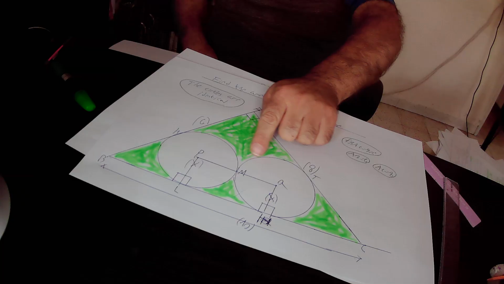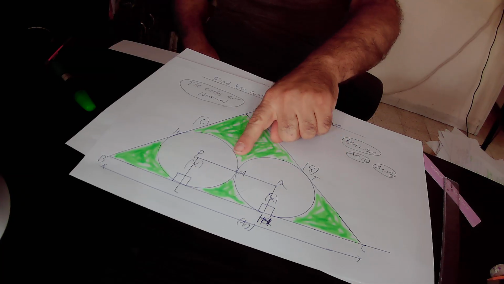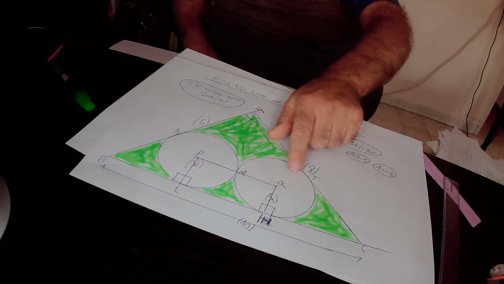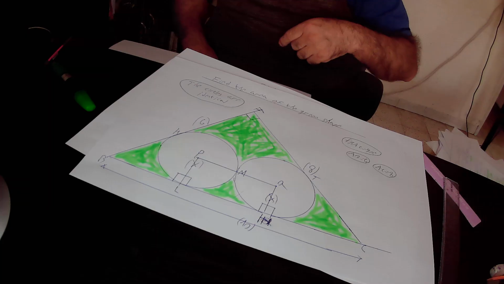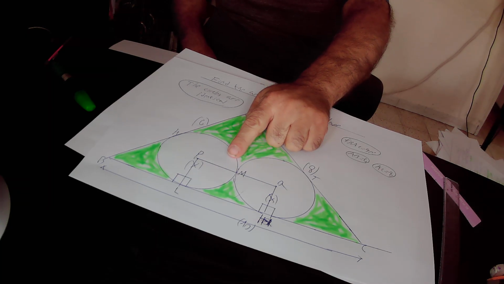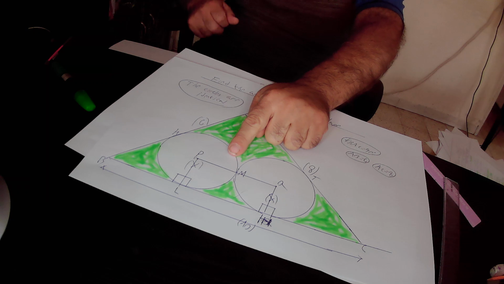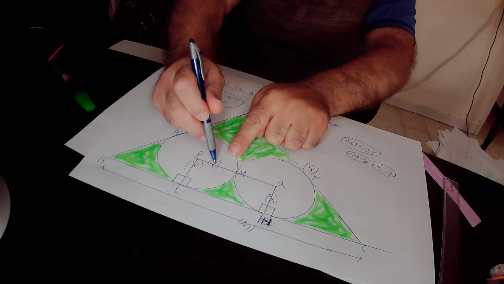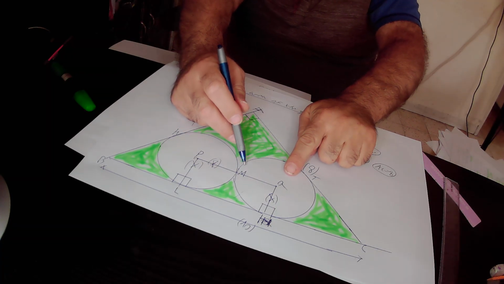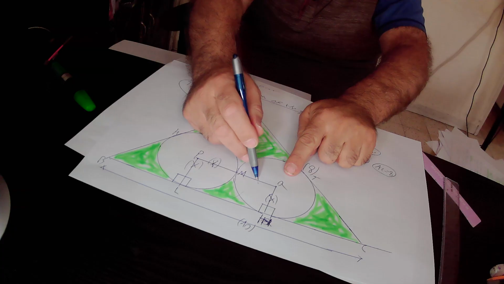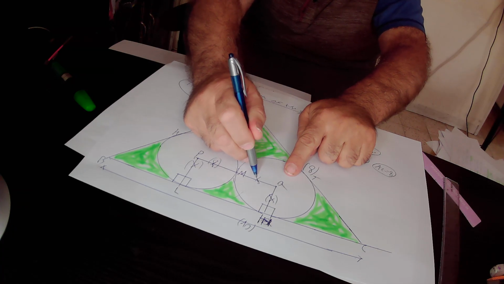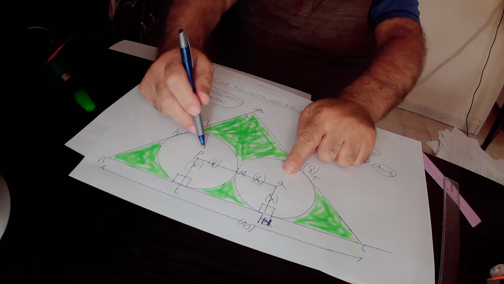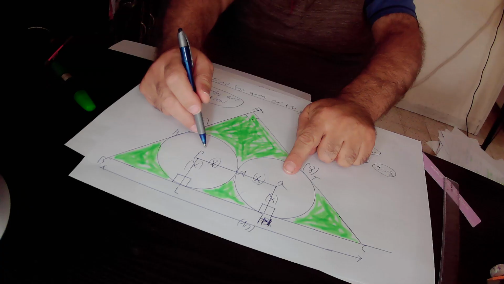Therefore, if PMQ is one straight line, it means that PQ will be equal to PM plus MQ. PM is the radius of this circle, that equals X. Likewise, QM is the radius of this circle, that also equals X. And therefore PQ in total equals X plus X, that is 2X.